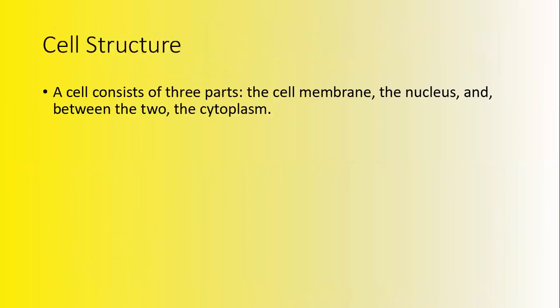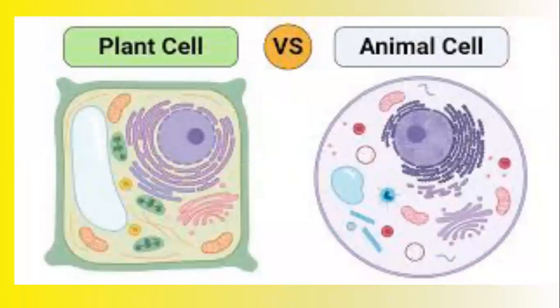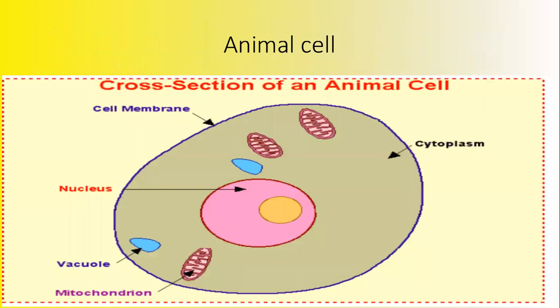Cell structure. One is the plant cell and the other one is the animal cell. You can see the comparison between these two. Animal cells consist of cell membrane, nucleus, vacuole, cytoplasm and mitochondria.